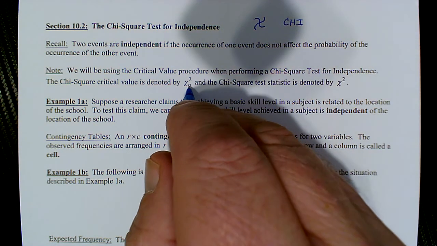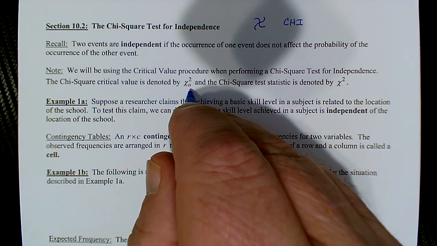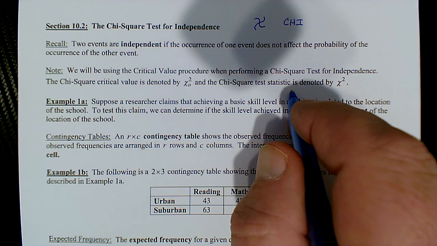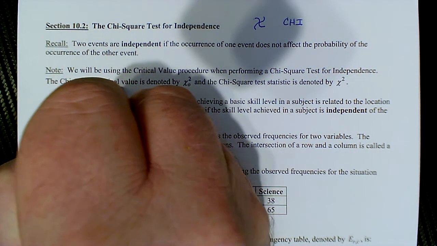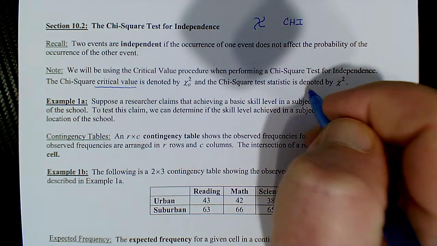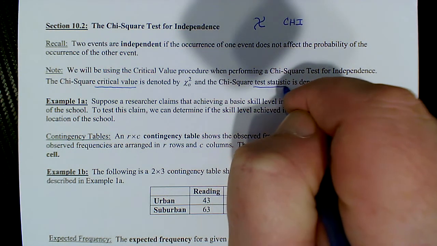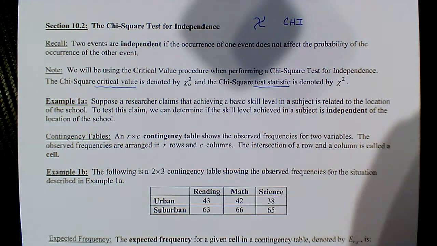And the critical value is going to be denoted by chi-square sub 0 and the test statistic by just chi-square. So we have our critical value, just like we did z sub 0 and z, or t sub 0 and t, for the critical value and the test statistic, respectively.